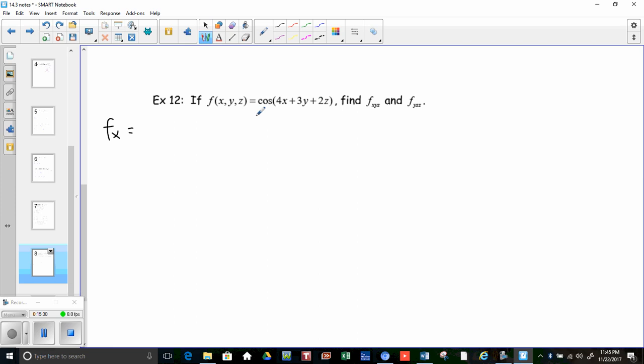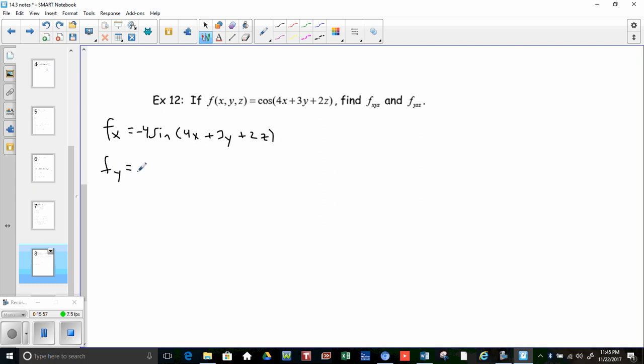So the partial with respect to x, well, it's this cosine, so it'll be negative sine of 4x plus 3y plus 2z times the derivative of the inside with respect to x, which is just going to be a 4. So let's just put that out front. It's negative 4 sine. There's the partial with respect to x.